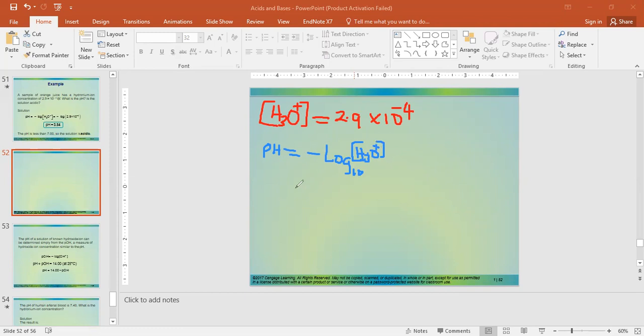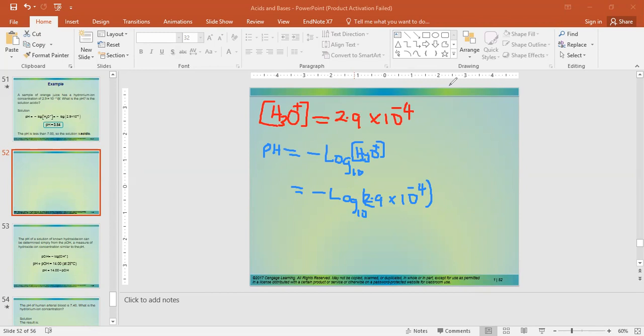So this is equal to, now we substitute, negative log to base 10 of 2.9 times 10 to the power negative 4. Let me put a bracket. This is where I want to explain.